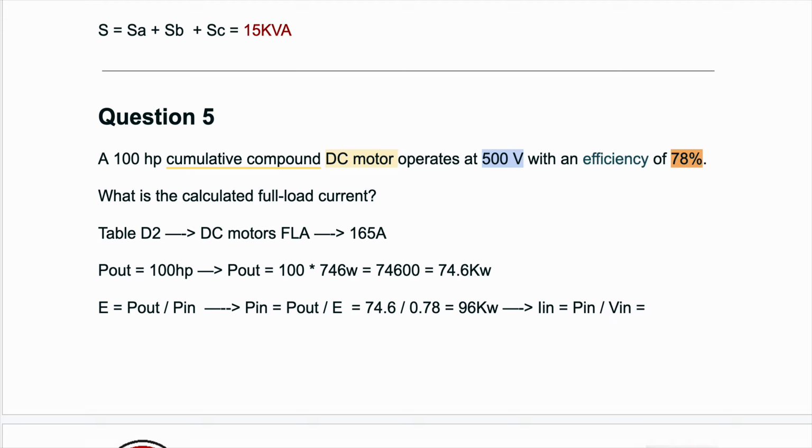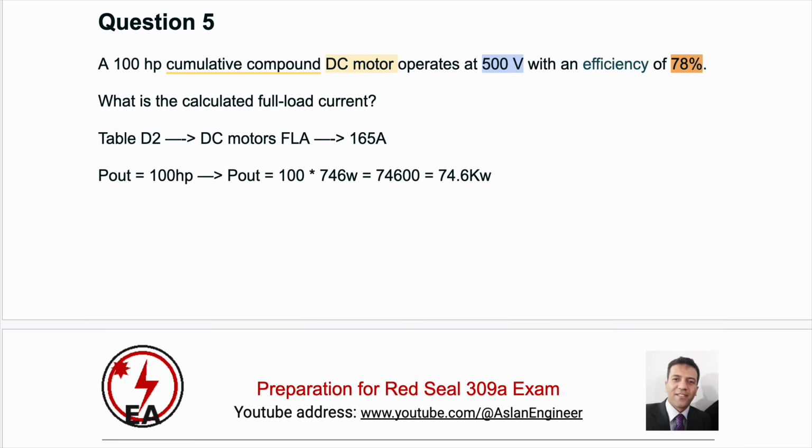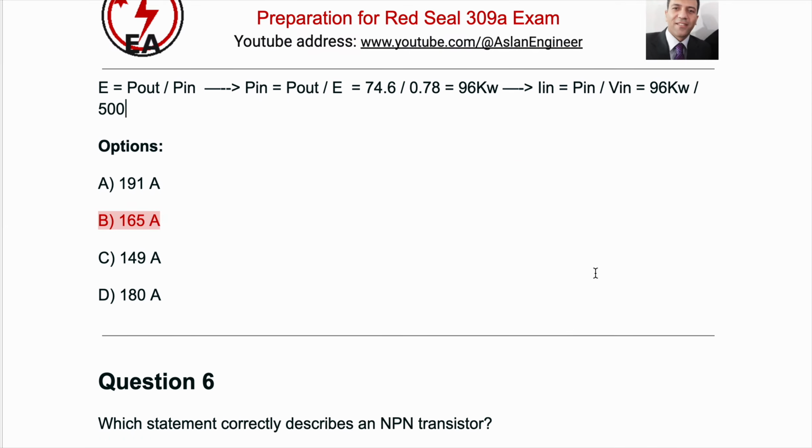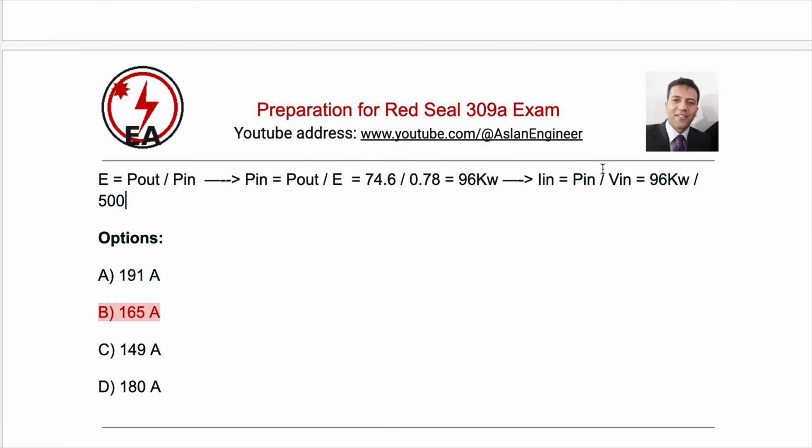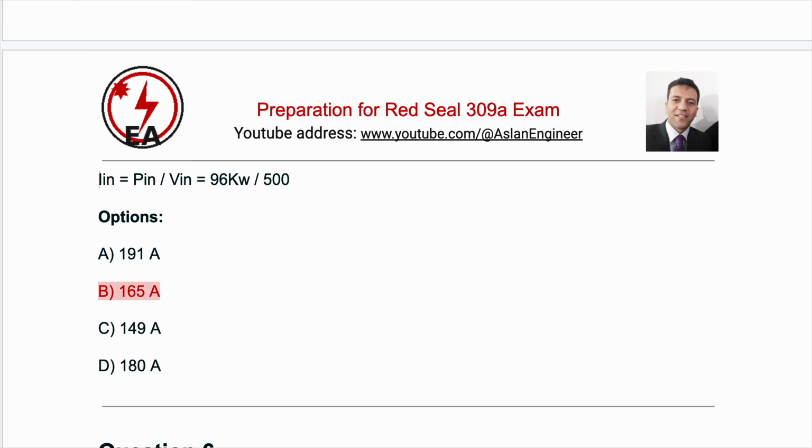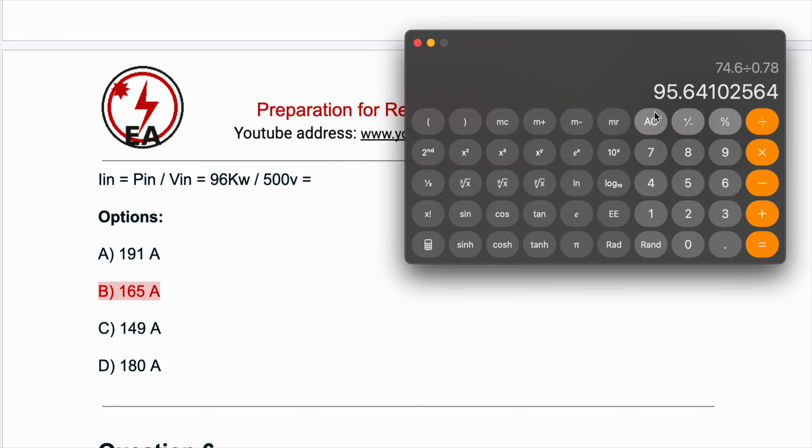So it's 96 kilowatt divided by 500 volt.